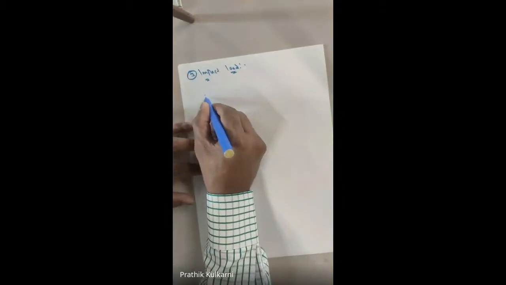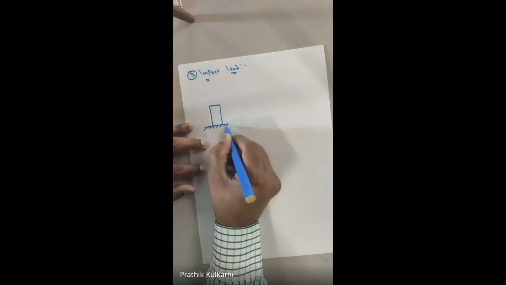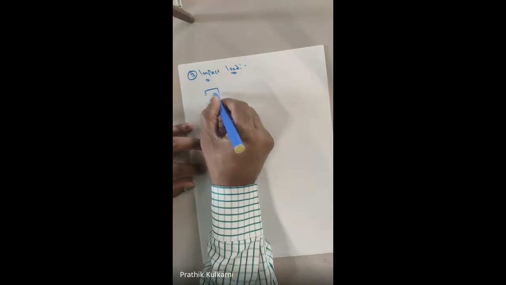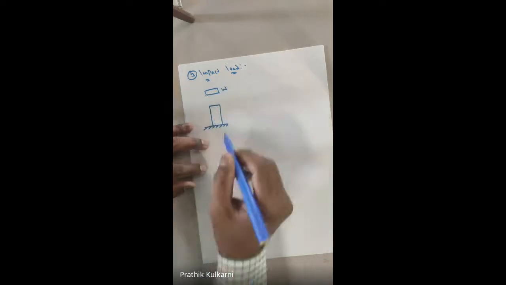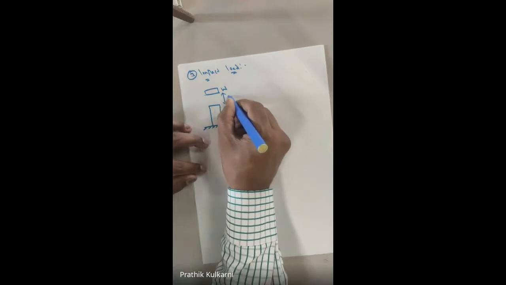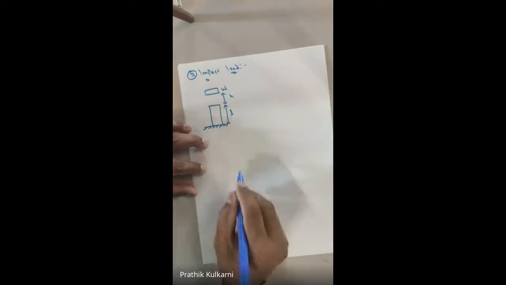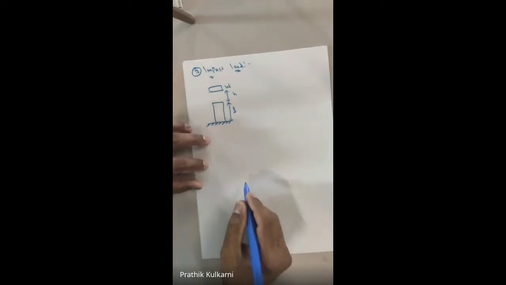Impact is nothing but what? If you have a specimen like this, and on this specimen we have a load W, which is dropped from a height H, and this length is L.